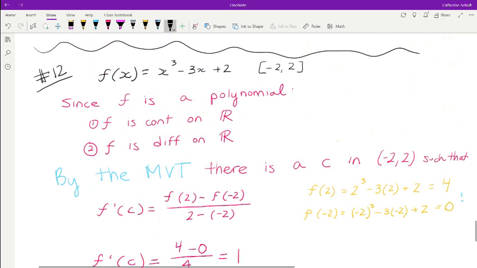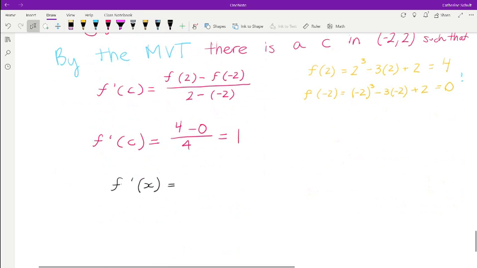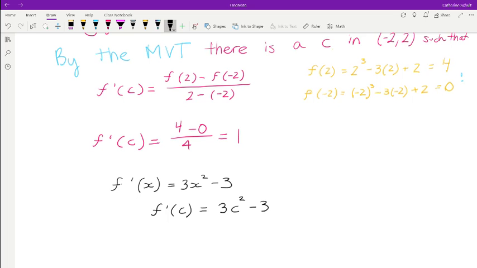Going back to our original function, we're looking at 3x squared minus 3 plus 0. So 3x squared minus 3. And so we want to find all of these c's. So we'll plug in c. We want to figure out where that's equal to 1.